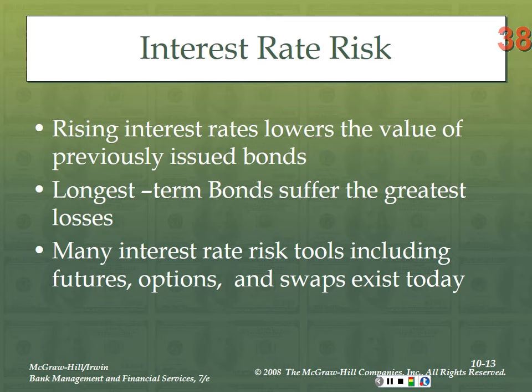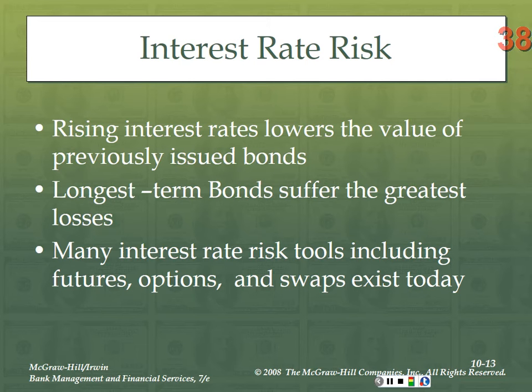So if a bank has a huge bond portfolio with a fairly long average maturity date, as interest rates go up over the next few years, those bond prices are going to go down. Now, it's going to depend on whether these are what's called held to maturity bonds or trading account bonds as to how the bank actually has to handle this and the effect that it's going to have on the bank's balance sheet and income statement.